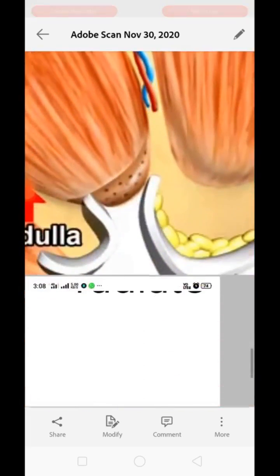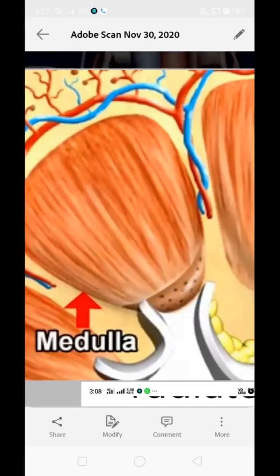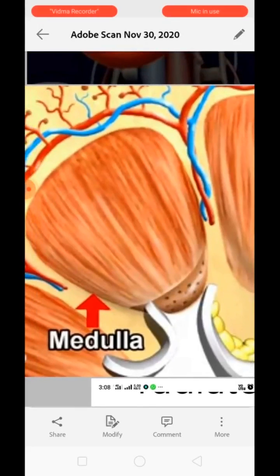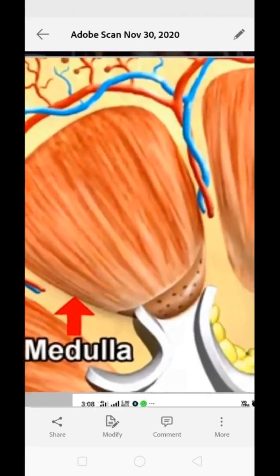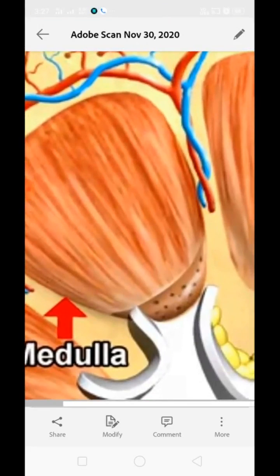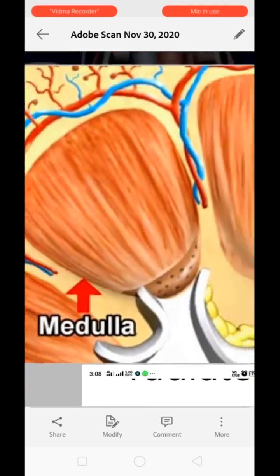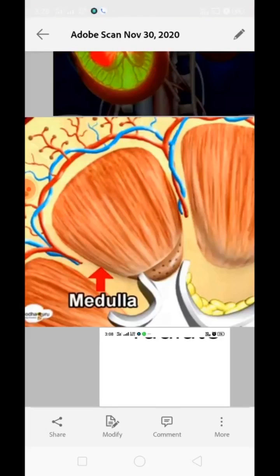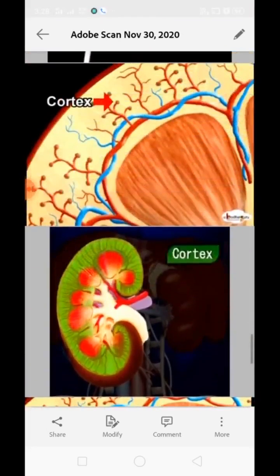Clear? Now see, this pyramid has some holes at the bottom through which all the waste material filtered from the blood passes to the ureter.